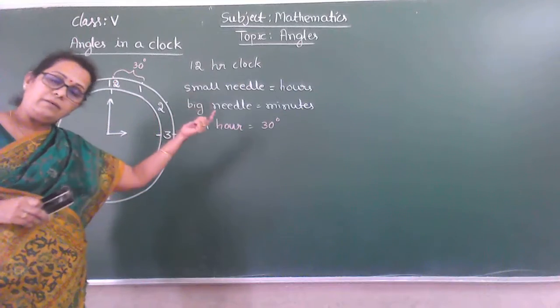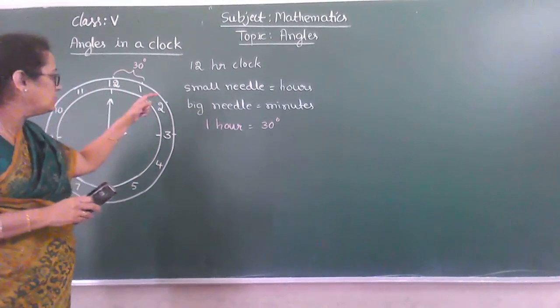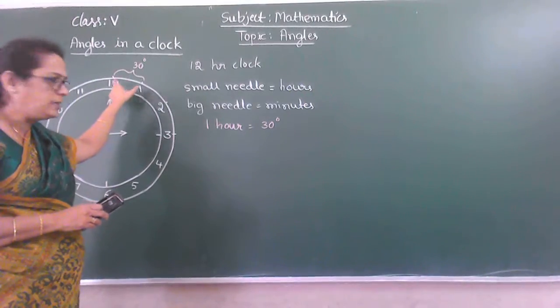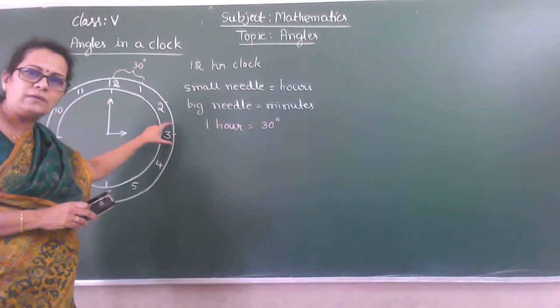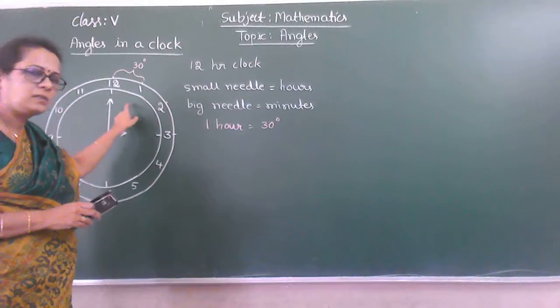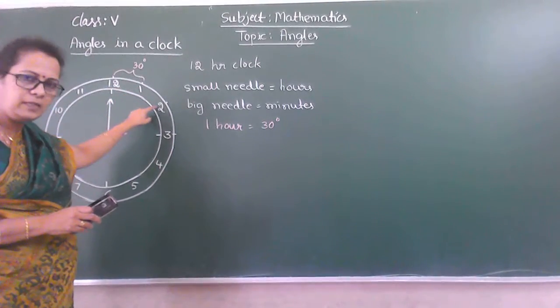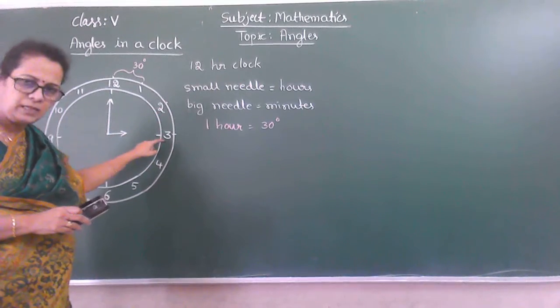See, while telling the timings, we take 5 minutes between one hour. That is 12 to 1, 5 minutes. 1 to 2, 5 minutes. Again 2 to 3, 5 minutes.